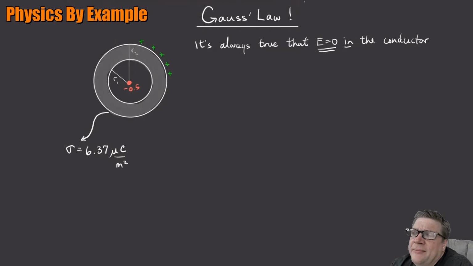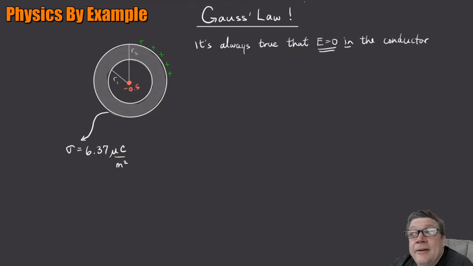Maybe naively you would say that if I put a charge in there, you wouldn't be able to tell from the outside, because that electric field being zero inside the conductor kind of swamps everything out. But here's what actually happens, and you can show this with Gauss's law.